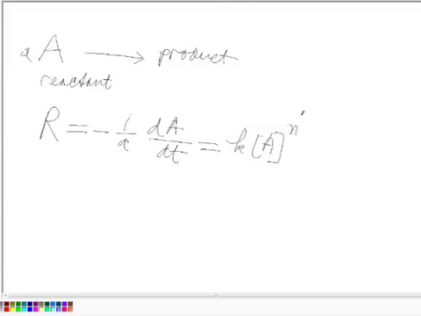This is the order of reaction. It can be 0, 1, 2, 3, n.